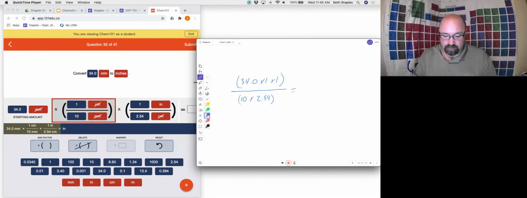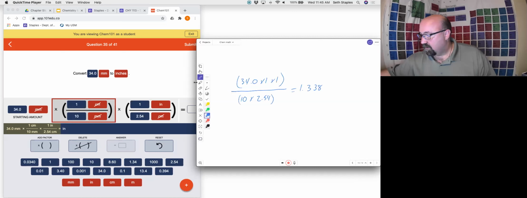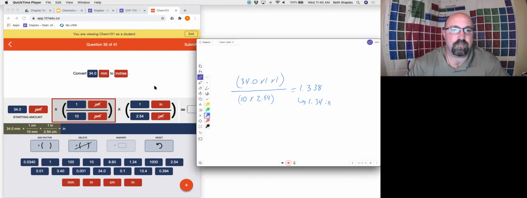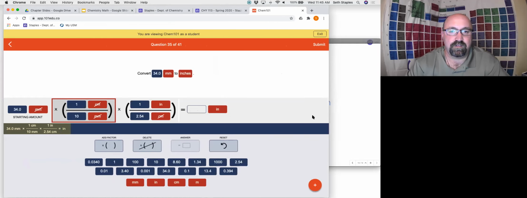So 34 times 1 times 1, close parenthesis, divided by, I'll open up parentheses again, 10 times 2.54, close parenthesis, and I get an answer of 1.338. I round for my significant figures. My initial measurement started off with 3, so I get 1.34 inches, which is one of our choices. Let's put that in. We'll see if we're right.